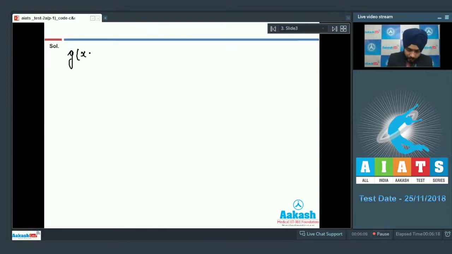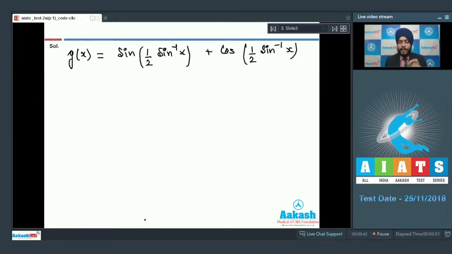g(x) is sin of (1/2 sin inverse x) plus cos of (1/2 sin inverse x). Okay. Now students, x is given from minus 1 to 1, that is very obvious. The obvious substitution is that we have to put x is equal to sin 2 theta over here.